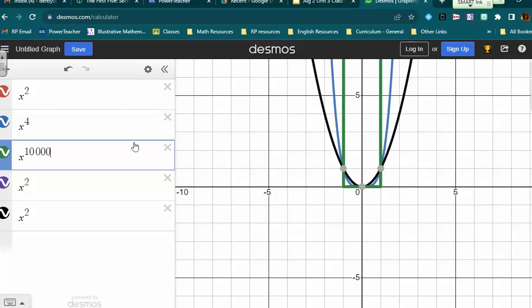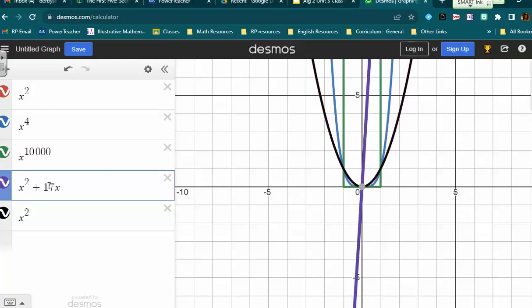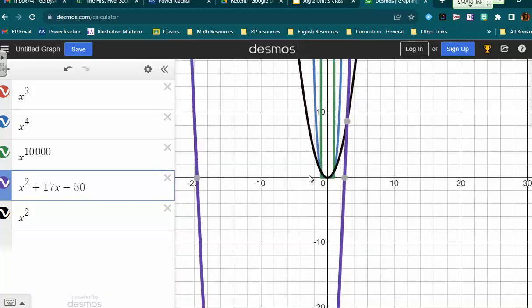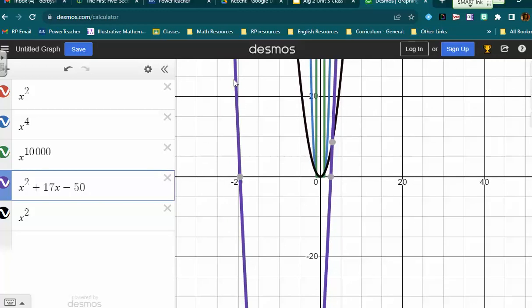They're going up and up, up and up, up and up. Even if I add a bunch of stuff outside of here, like 17x minus, I don't know, 50. I don't even know if I'll be able to see this anymore. I could zoom way out. Oh, there it is. And I can see that that end behavior is going up and up and up.